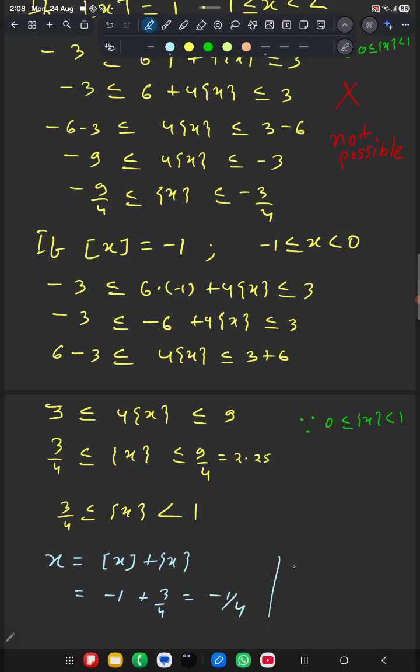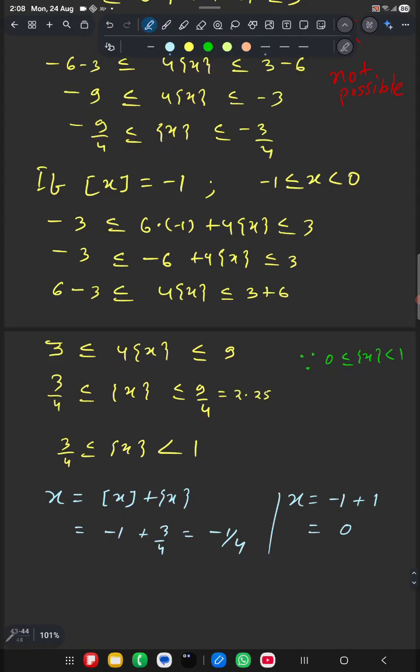Next time this will again have minus 1, and here you will take plus 1, so this gives a 0 value. Equality sign is not there, so we'll take our interval as x belongs to the left side with the equality sign, minus 1 by 4, and here without equality sign. Okay, this is the condition.